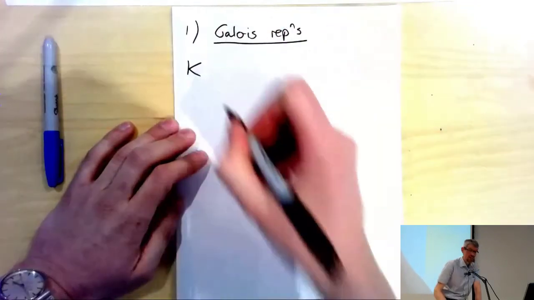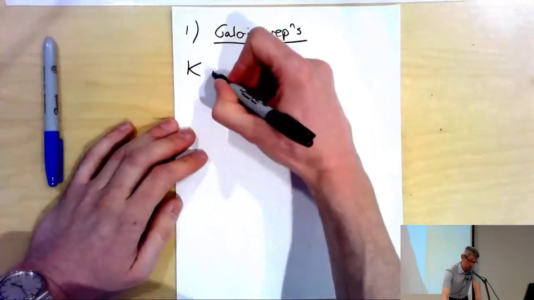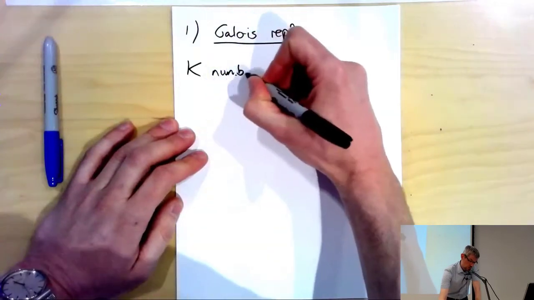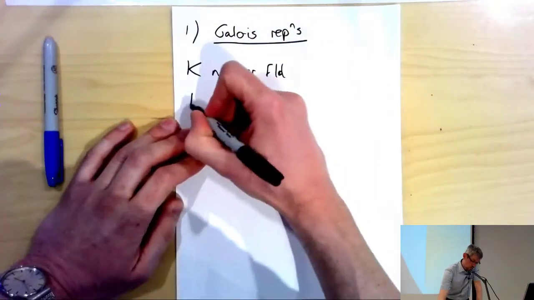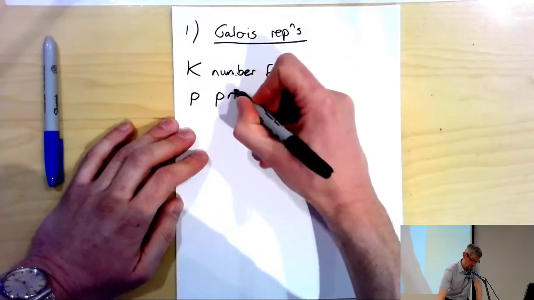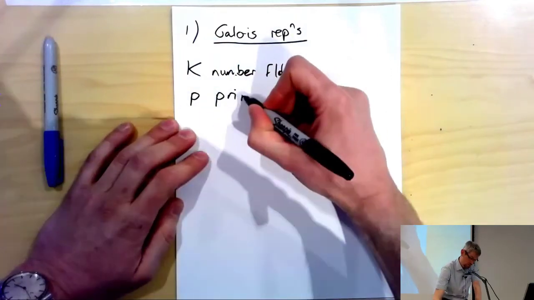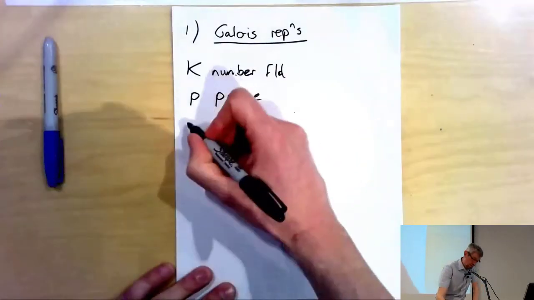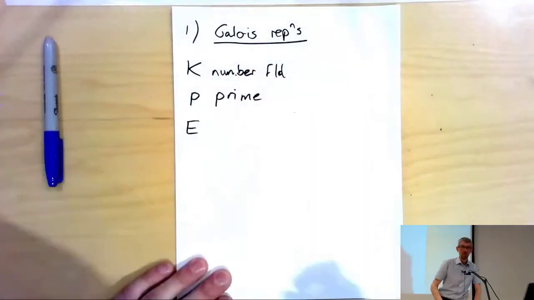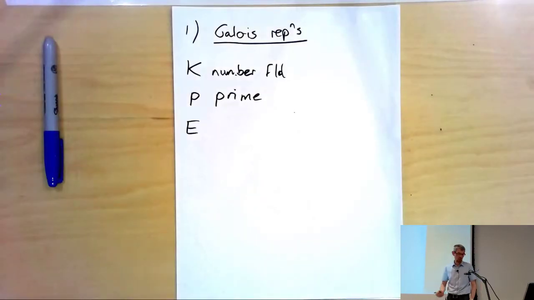So I'm going to take K to be a number field. P a prime, which will be fixed pretty much throughout this course. And I'll take E to be a coefficient field, which will be a finite extension of Q_p.